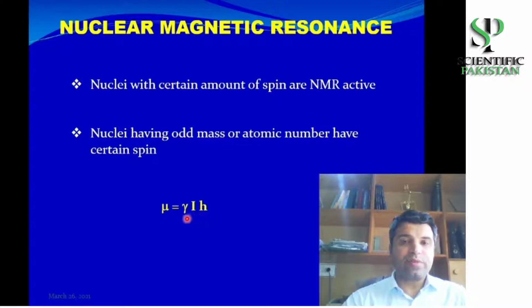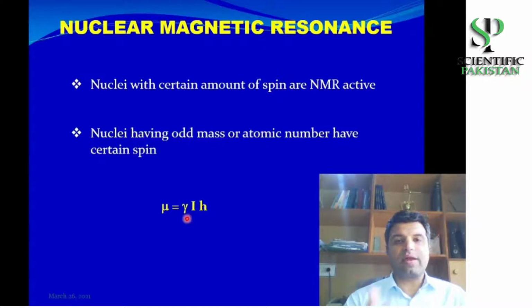While gamma is known as the gyromagnetic ratio, or in some texts you may find it written as magnetogyric ratio. Now this ratio is a characteristic property of every different type of nucleus. For example, proton will have its own gyromagnetic ratio, carbon-13 will have its own gyromagnetic ratio.